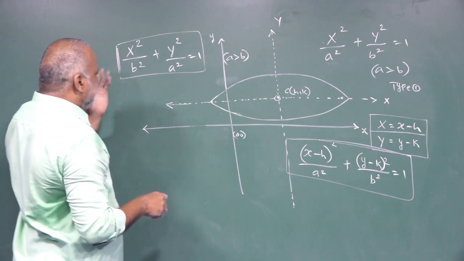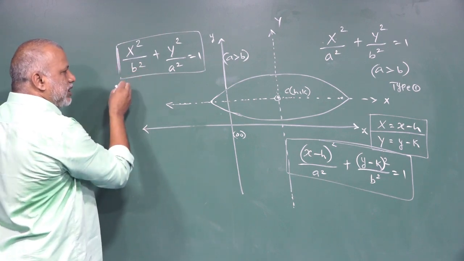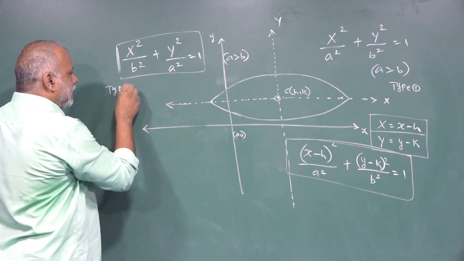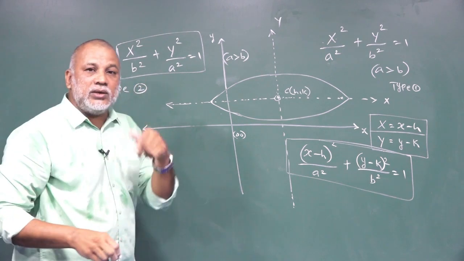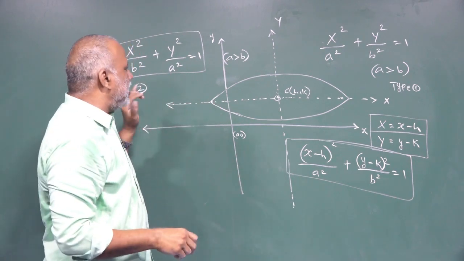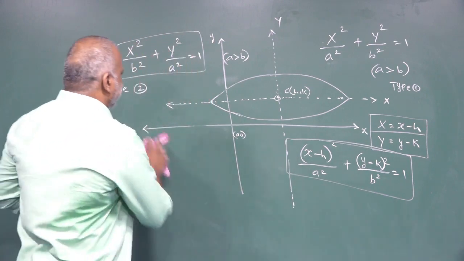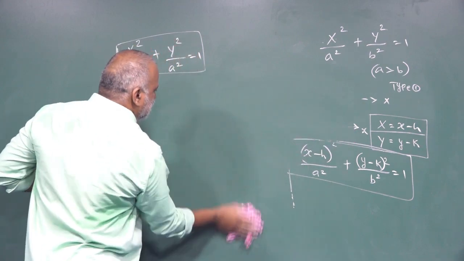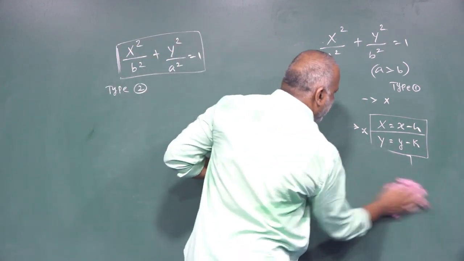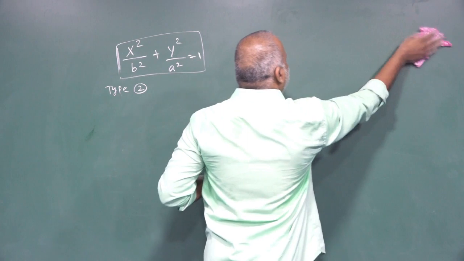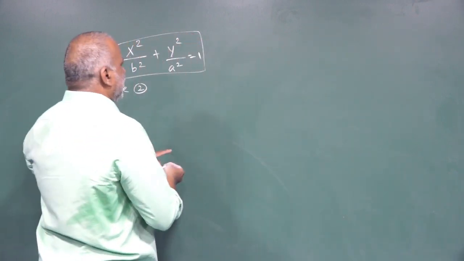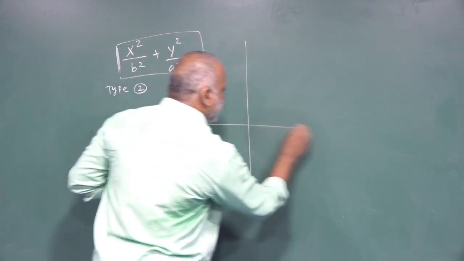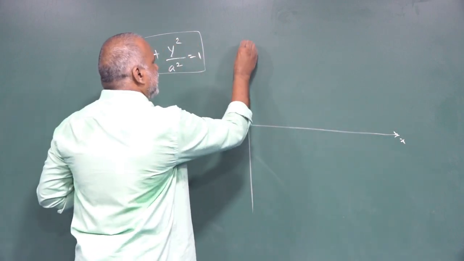So type 2 means, what is the name of this? Major axis along y axis. For example, if we want to draw the diagram based on type 2, this is always small x and small y.